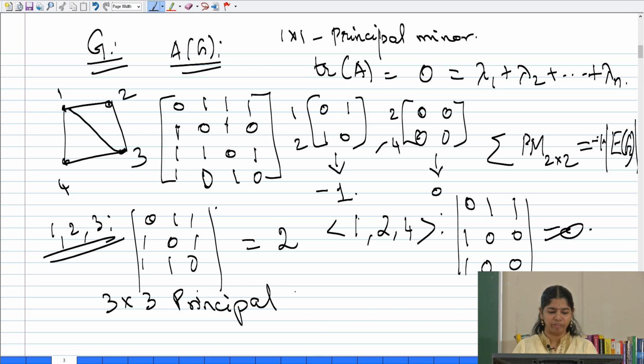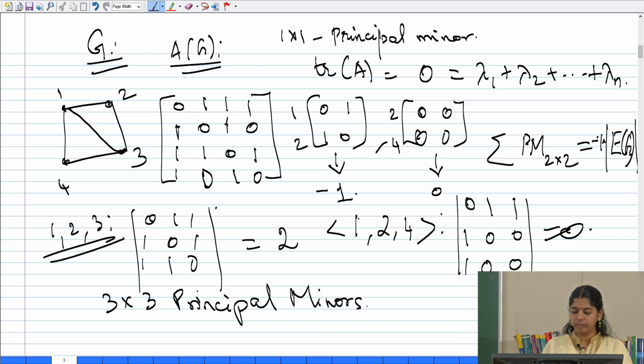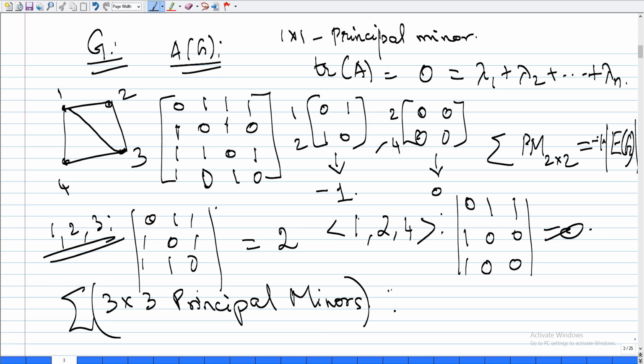So, the coefficient b n minus 3 gives us twice the number of triangles in G, right.